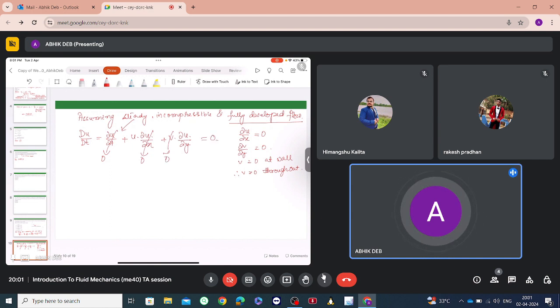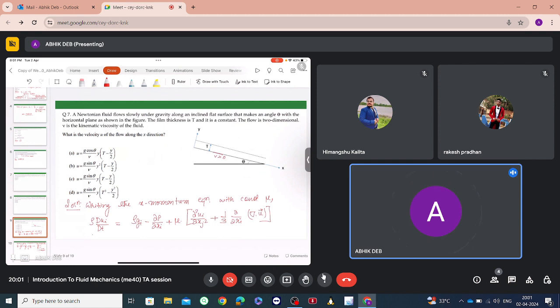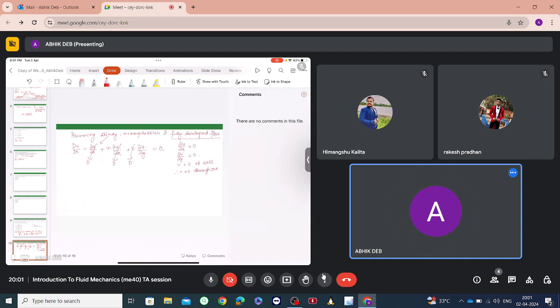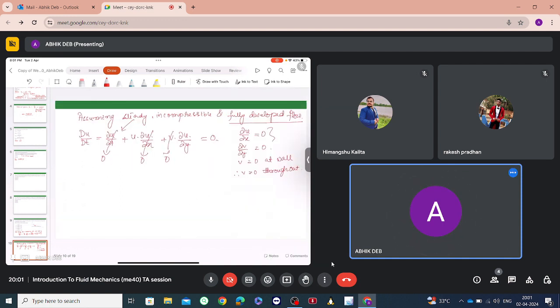Now for incompressible flow, del dot v will also be 0. Also del u by del x and del v by del y are 0. So del dot v is equal to 0. So even if it is not incompressible, it is by default becoming incompressible here.